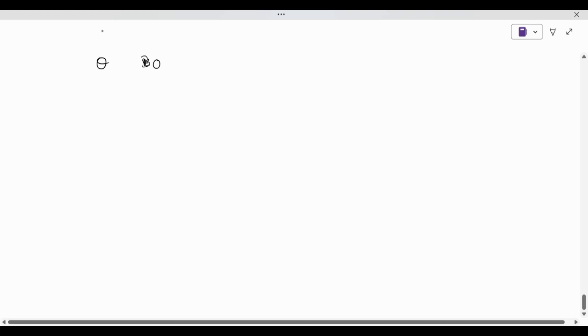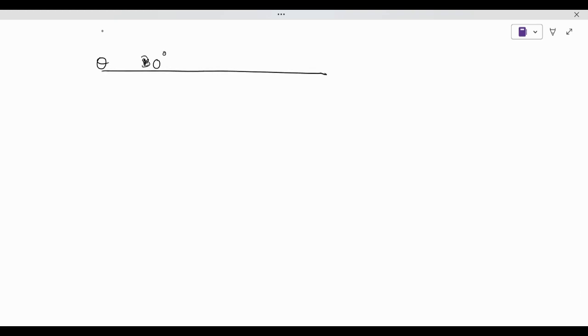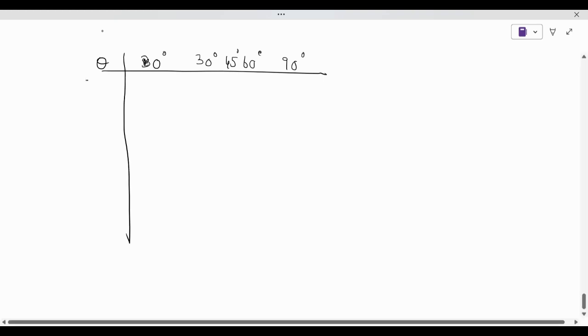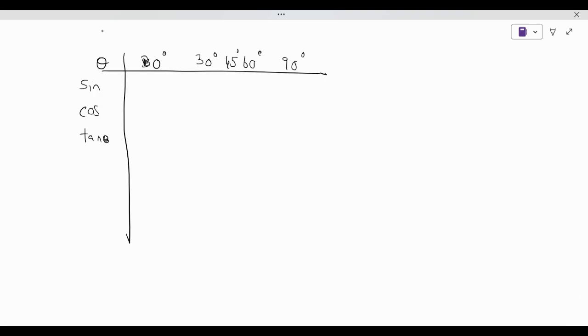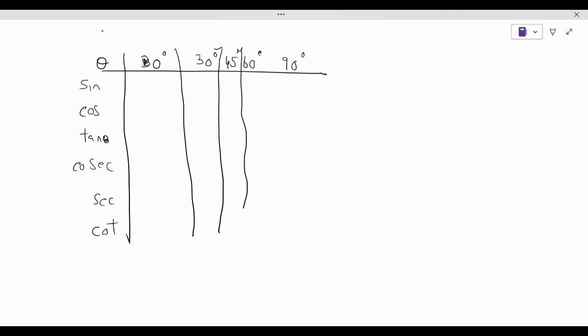We start theta with 0 degrees, 30 degrees, 45 in the middle, 60 degrees, and 90 degrees. The rows will be sine, cos, tan, cosec, sec, and cot. We are going to make a tabular column, and we'll write the various values.